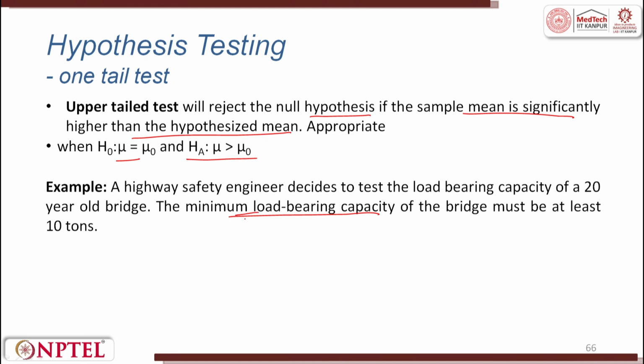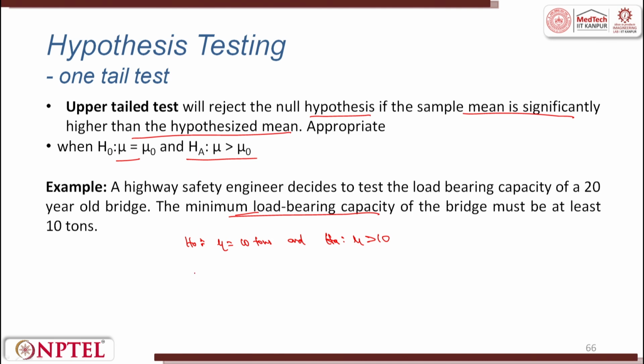So, this becomes an upper tail test, that is, H naught here is mu is equal to 10 tons, and H alternative here is mu is greater than 10, and we use the upper tail test.